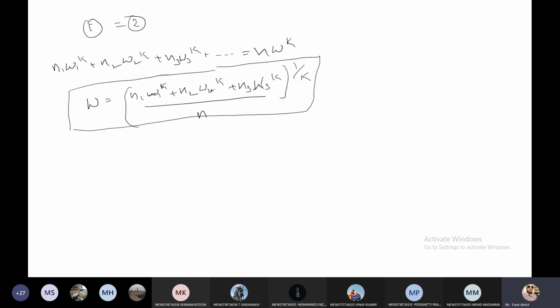What is W here? It is the dynamic load rating for a rolling contact bearing.